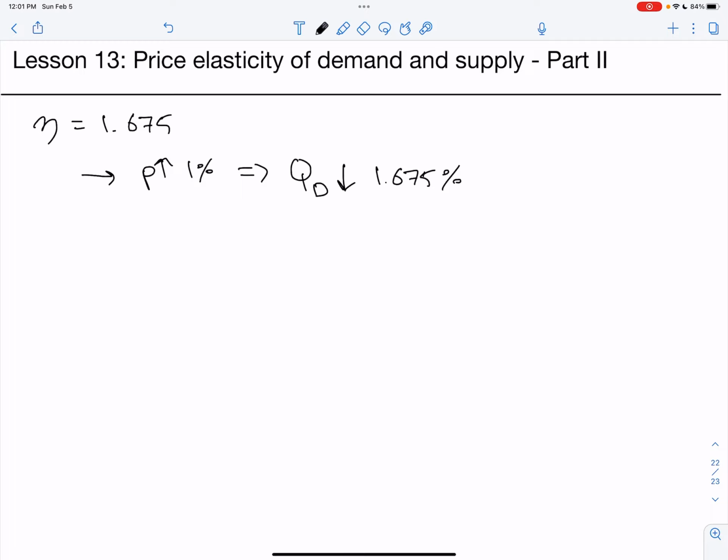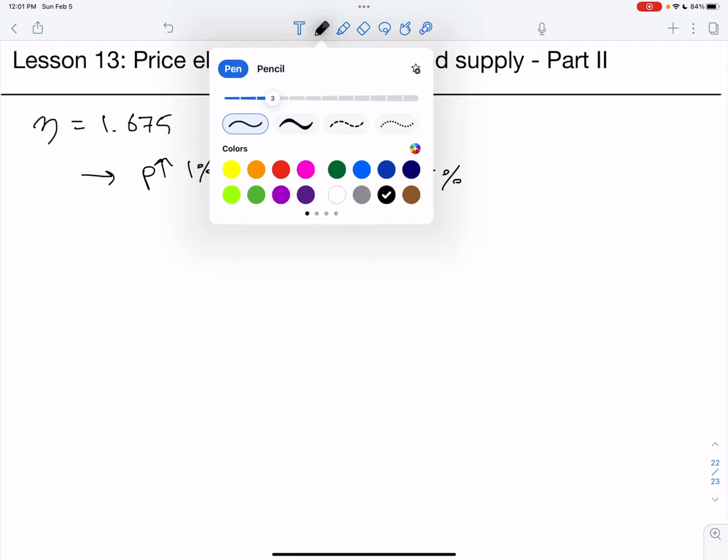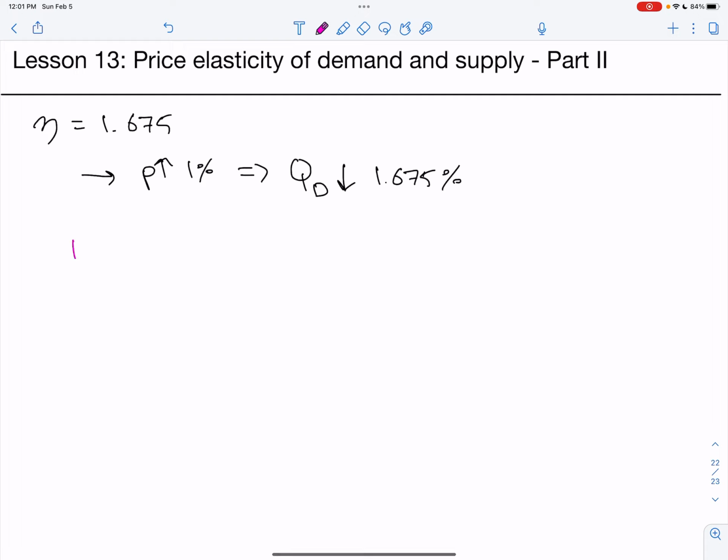Now this is what we would refer to as an elastic demand. An elastic demand simply means that elasticity is greater than 1. What I'm interested in here is exploring the economic meaning of elastic demand being greater than 1.